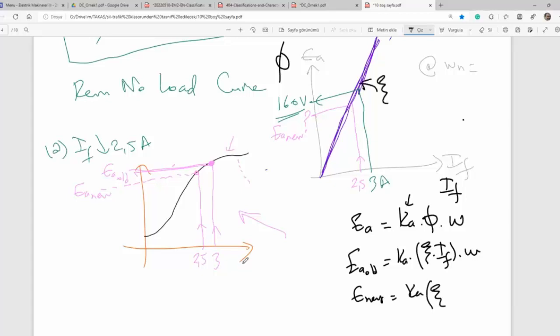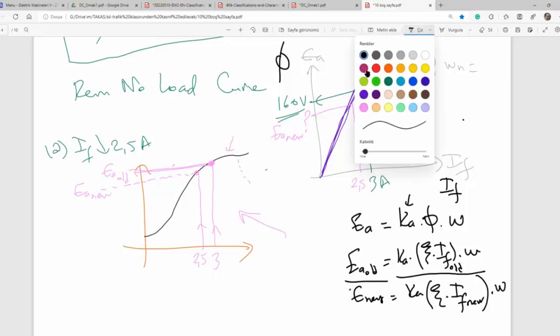And the new value is, again, Ka times zeta, the slope of the curve, times If new, let's say old, and W, which is the same. Make a division or proportion.